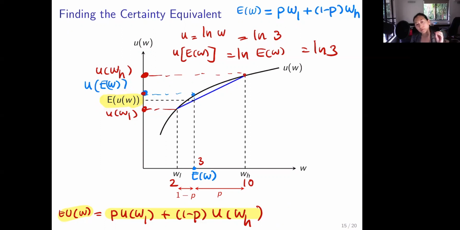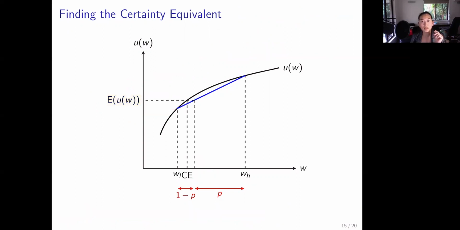Now, finding the certainty equivalent. This is my expected utility, the amount of expected utility given this option.